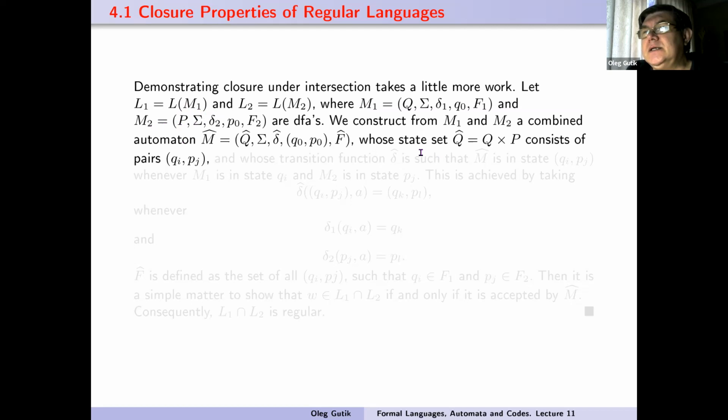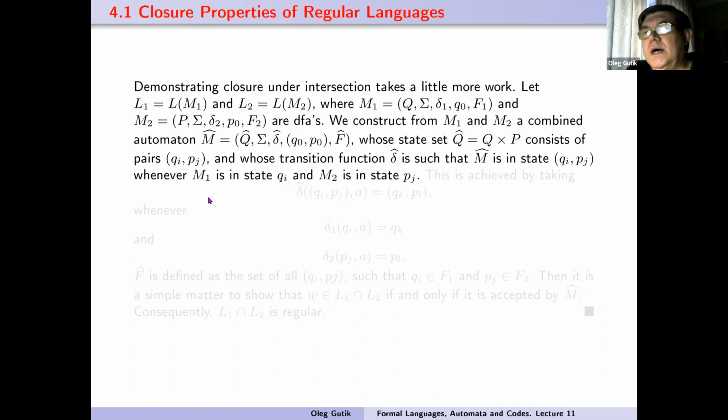The state set Q hat consists of the pairs Qi, Pj, and the transition function delta hat is such that automaton M hat is in the state Qi, Pj whenever M1 is in the state Qi and automaton M2 is in the state Pj.